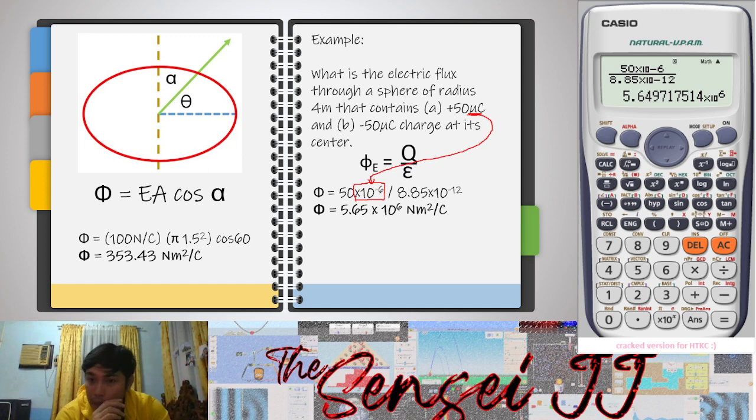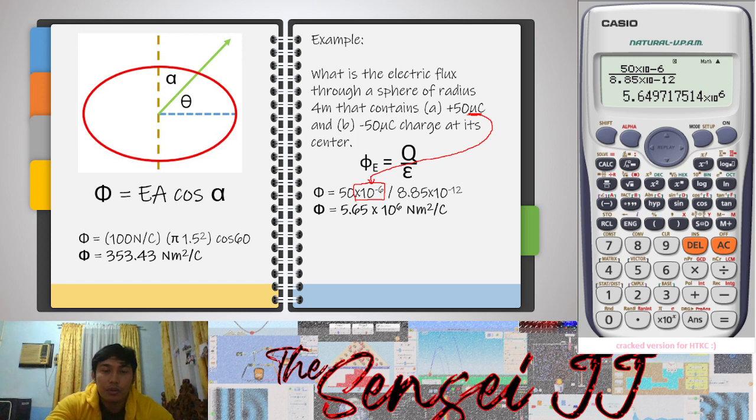When we say pagsasamahin, it can be either add them or subtract them. In this case, they should be added for the reason that negative 12, when you put our exponent on the numerator side, its sign will be changed to positive. That's why the answer is in times 10 raised to 6.